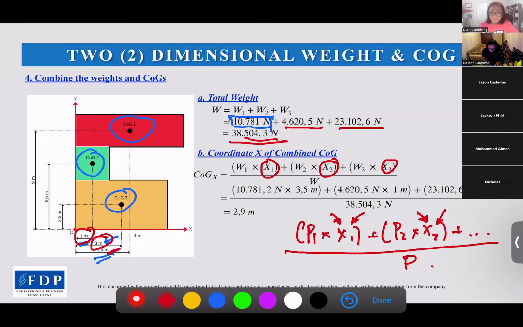And then we get the COGX, the coordinate x, is 2.9 meters.